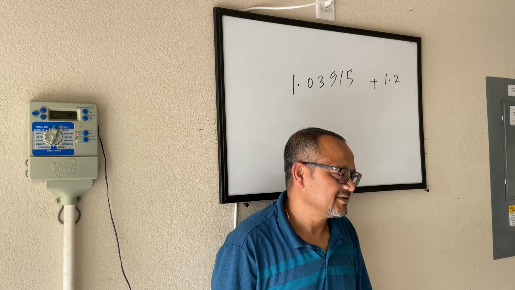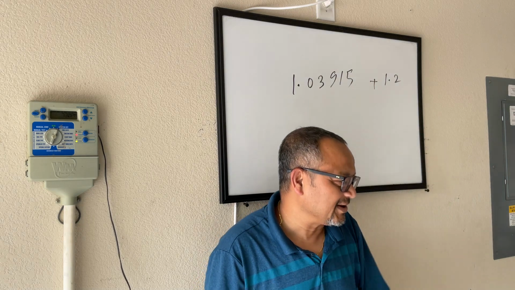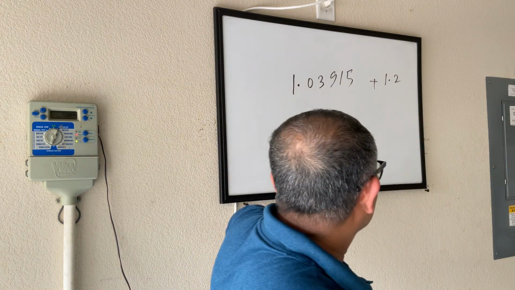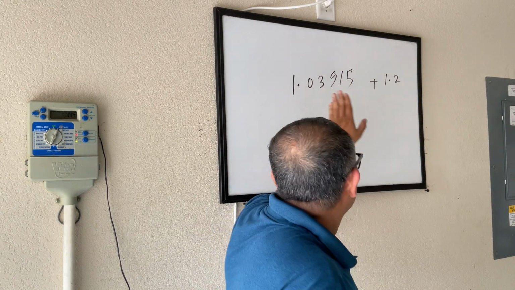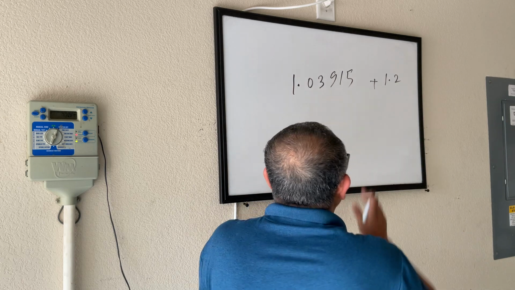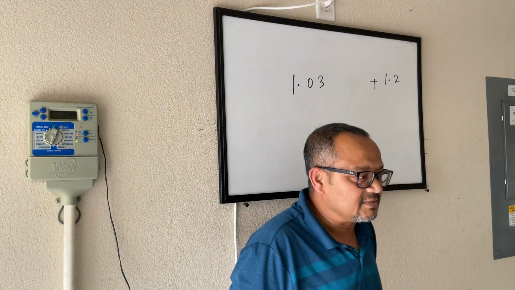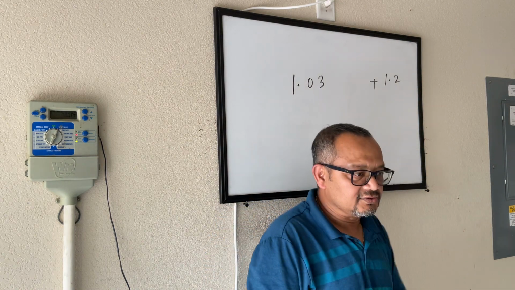I love seeing it on a piece of paper. So I'm asking you guys to do a simple decimal addition, okay? Let me not scare you with the first problem. I'm saying add 1.03 and 1.2.